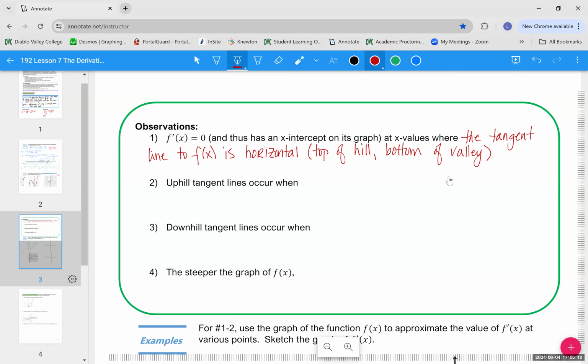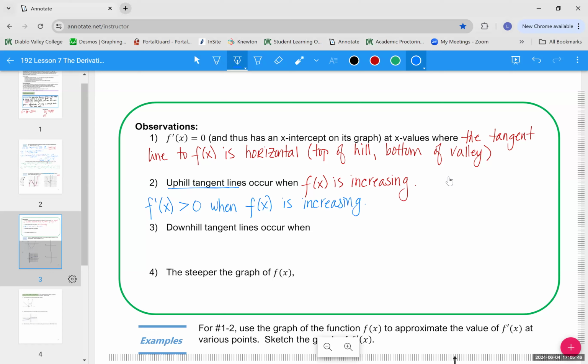Uphill tangent lines occur when f of x is increasing. And what that basically means, one way of interpreting that, is f prime of x will be positive because uphill tangent lines have what kinds of slopes? Positive slopes. So the derivative will be positive when f of x is increasing.